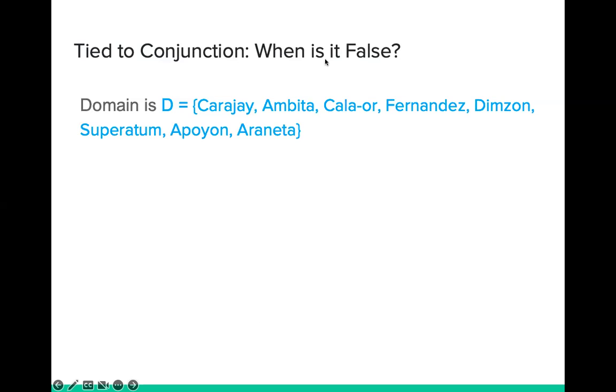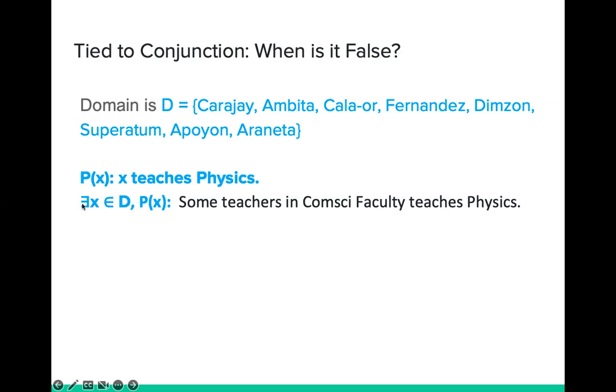So when will it be false? Using the same set D containing a list of all computer science faculty, we have a predicate P(x) such that x teaches physics subjects. So the existential quantifier, there exists x in D, P(x), may be stated in natural language: there are some teachers in the ComSci faculty who teach physics.